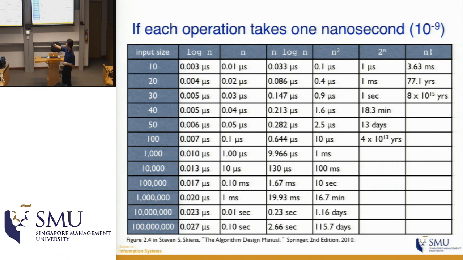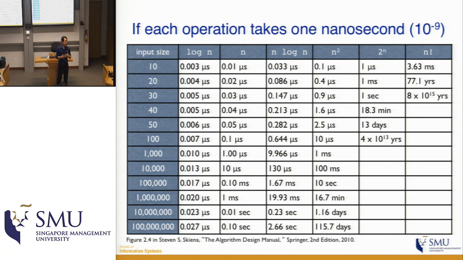Anything that is exponential or factorial, even if we know an algorithm to solve the problem, is as good as not having a solution, because you cannot actually run it properly, except for very small input sizes. That is essentially what we mean by the limit of computation.